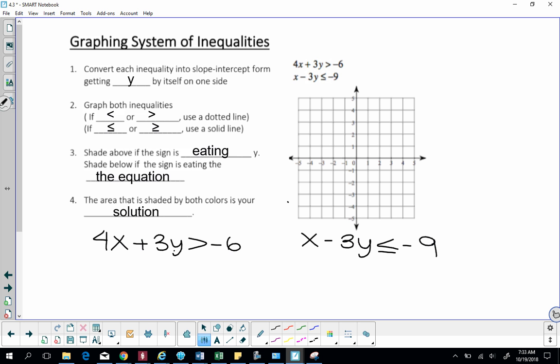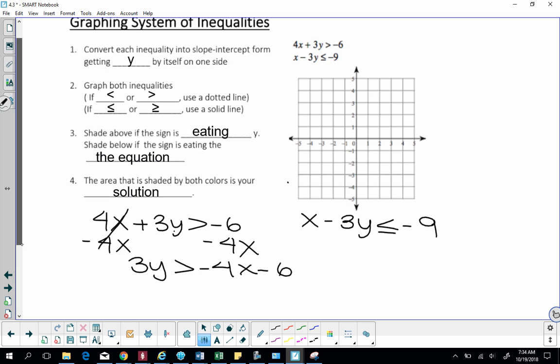So I'm going to go ahead and do the first one. So first, who can explain to me step by step how I would go about this? Beautiful. Subtract 4x from both sides because I want to get y by itself. And you would rewrite it as positive 3y is greater than negative 4x minus 6. Then what would you do?